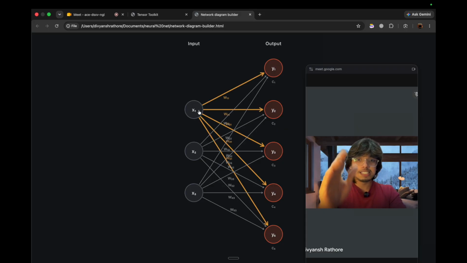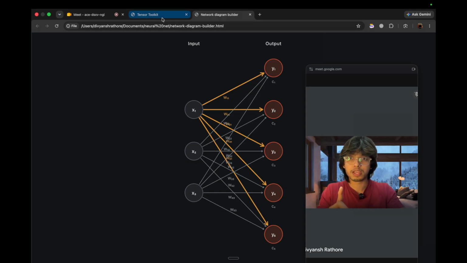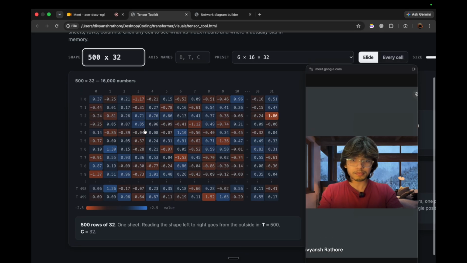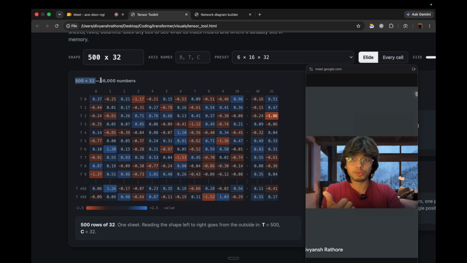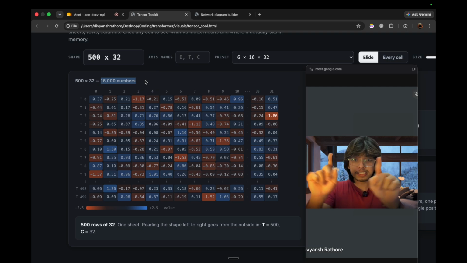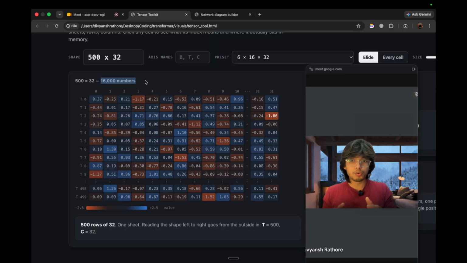These are called the weights of our neural network, and we also have the biases. Now let me tell you the total parameters of our overall model, whatever I've shown you until now. The first thing is this embedding table. If we multiply 500 times 32, that's 16,000 numbers. These 16,000 numbers are our parameters. We'll have to nudge these values to make our model better and better.